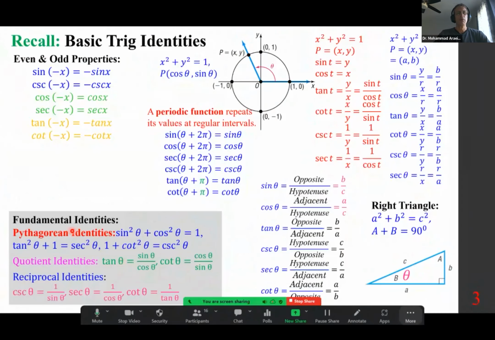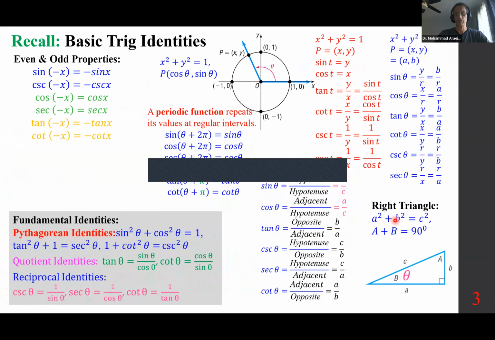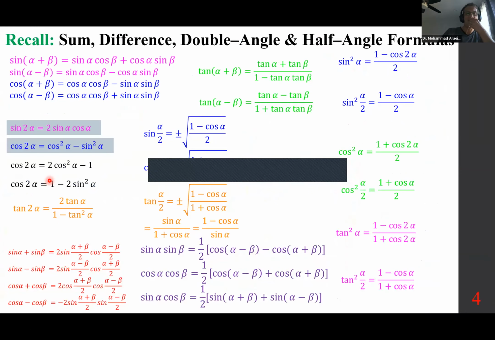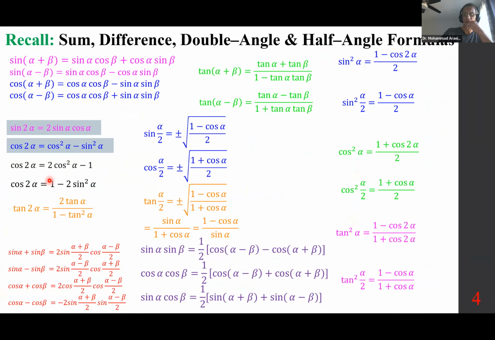So, a quick reminder of basic trig identities. We have seen many identities, such as sum, difference, double angle, half angle, you name it.